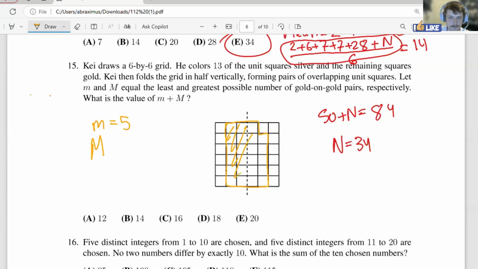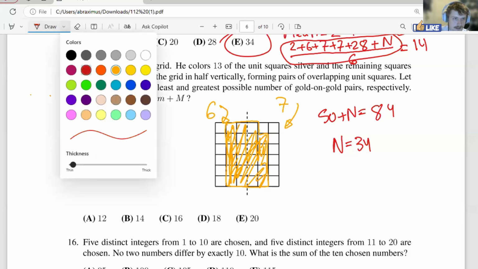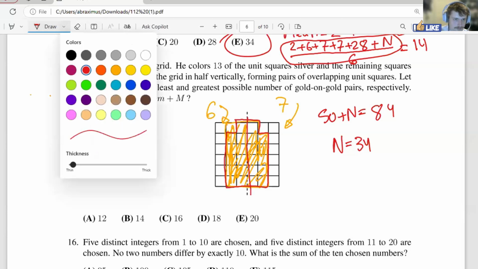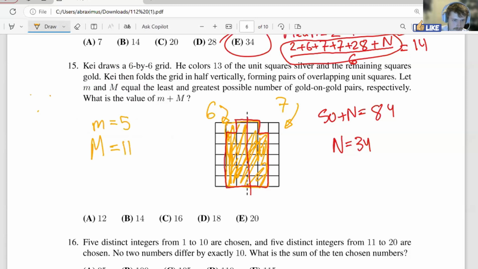Okay, so we have 6 silver over here and 7 silver over here. Then all of the stuff that is going to work is going to be these pairs. And we can see 11 of those, for a total of 16.